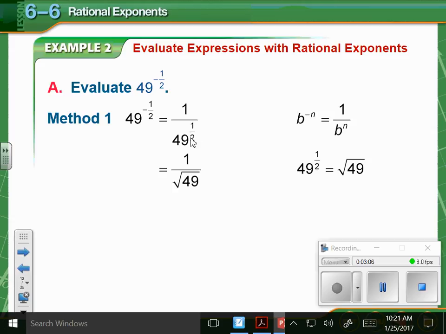And then 1/2 exponent is the same as square root. So 1 over square root of 49, which is the same as 7 squared, and square root of 7 squared is just 7. Square root of 49 is 7.